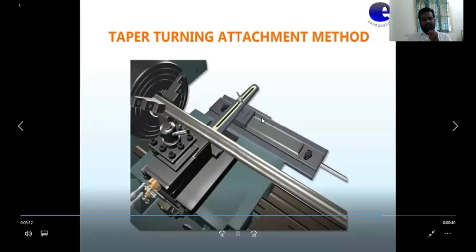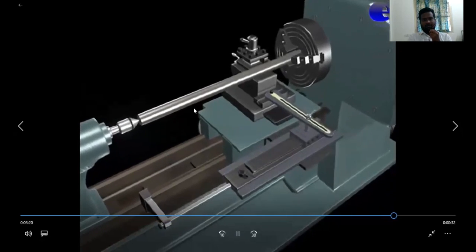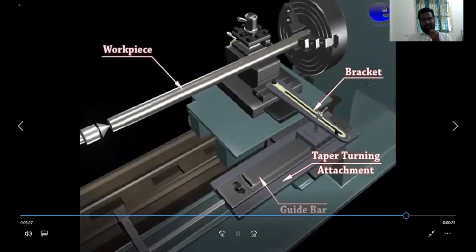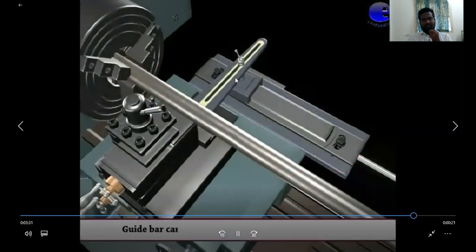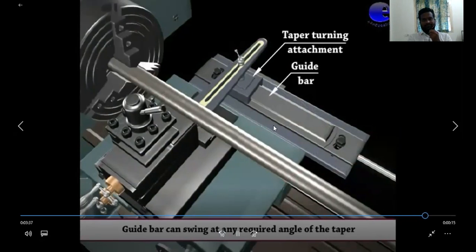Taper attachment method. This is the attachment which is attached to the cross slide, for longer jobs, for lengthy jobs. Here the bracket is there. This is the guide bar. On this taper attachment, we have a graduated guide bar, and you can swivel it to any required angle of the taper.